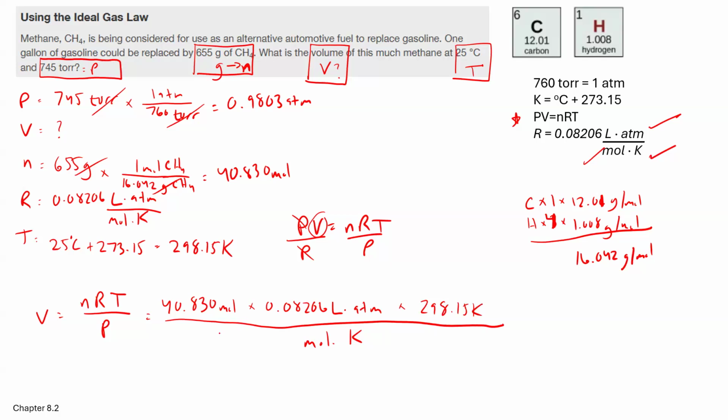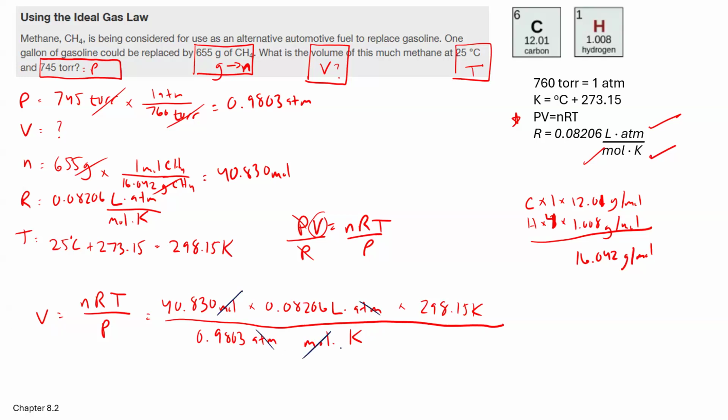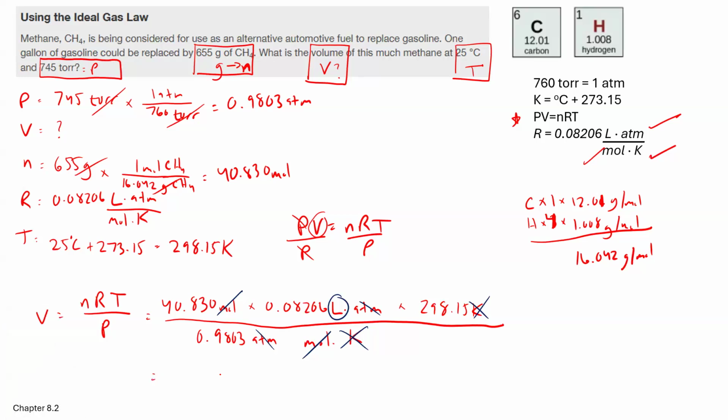Pressure is the last thing. 0.9803 ATM. All right, let's cancel stuff that will cancel. Moles and moles. ATM, ATM, Kelvin, and Kelvin. We're left with liters, which is perfect because that's what we looked for.